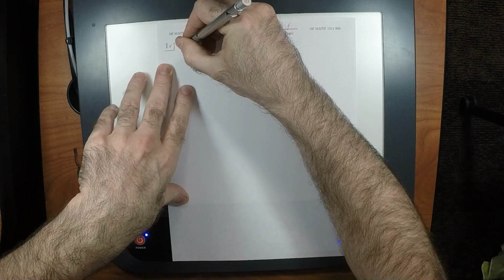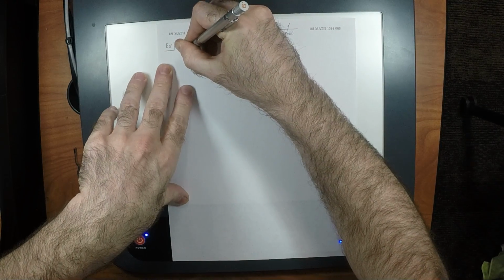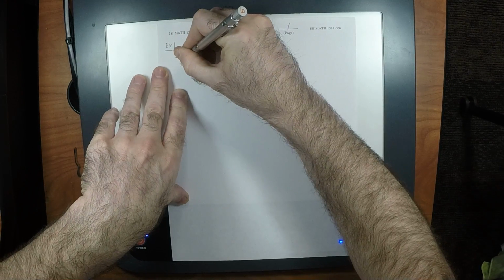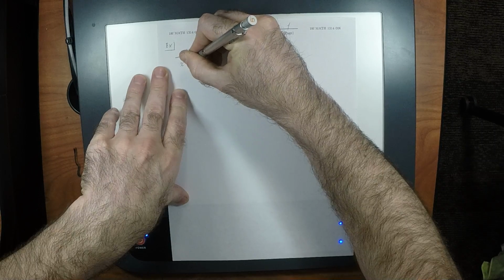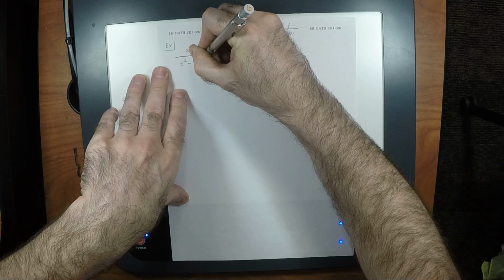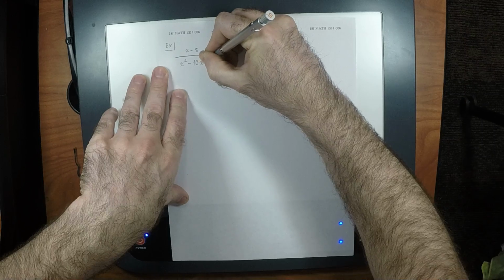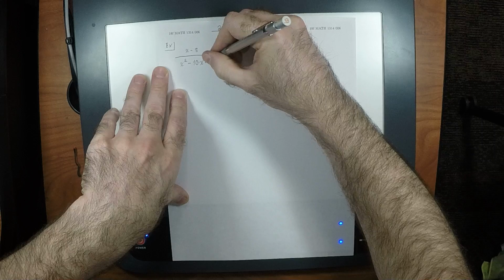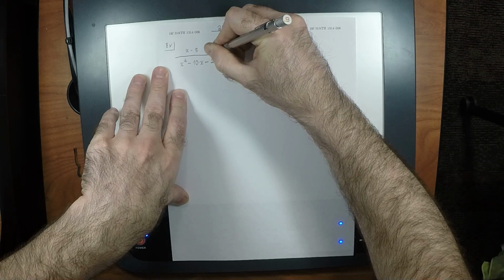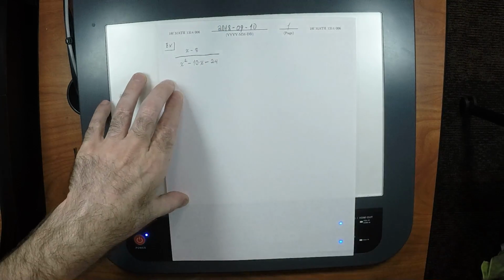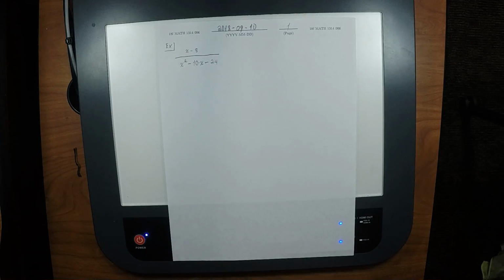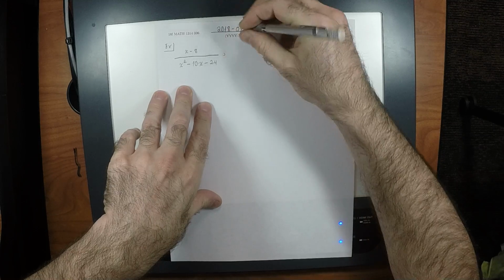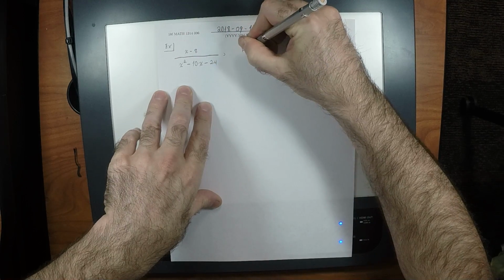Consider the expression x minus 8 divided by x squared minus 10x minus 24. Concerning this, I could ask, find the natural domain.